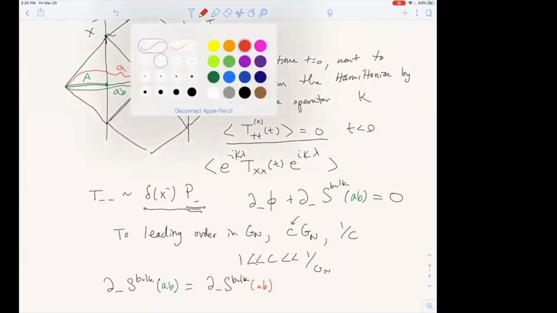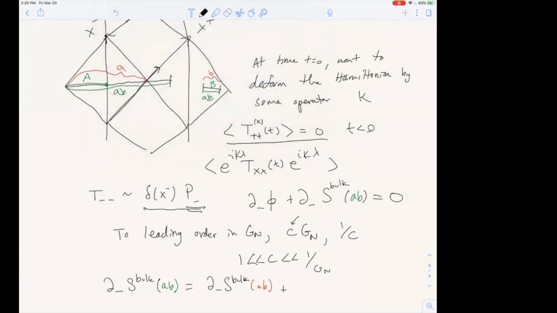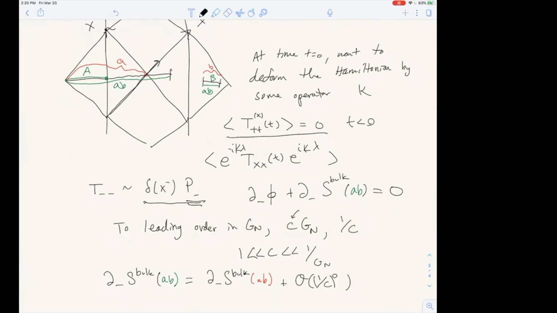So A is really just the causal horizon. Plus terms that are order C times G Newton squared. Or sorry, these will be order 1 over C to the 0 in this case, but they'll be higher order in a 1 over C expansion.